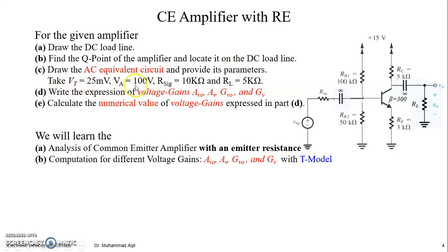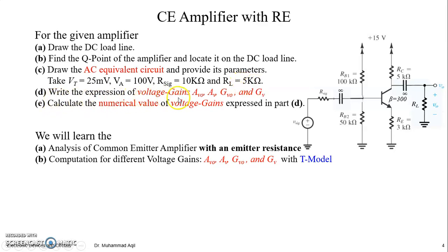Take these as constant: early effect voltage, VT, temperature dependent voltage, R signal, the non-linear sensing or the sourcing device is having a series resistance R signal of 10 kilo ohm, and your load to which your output will be loaded is of 5 kilo ohm.